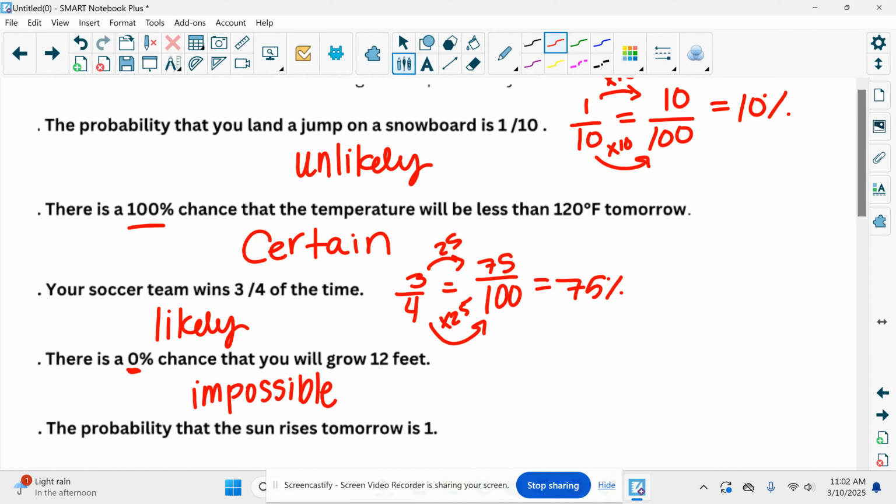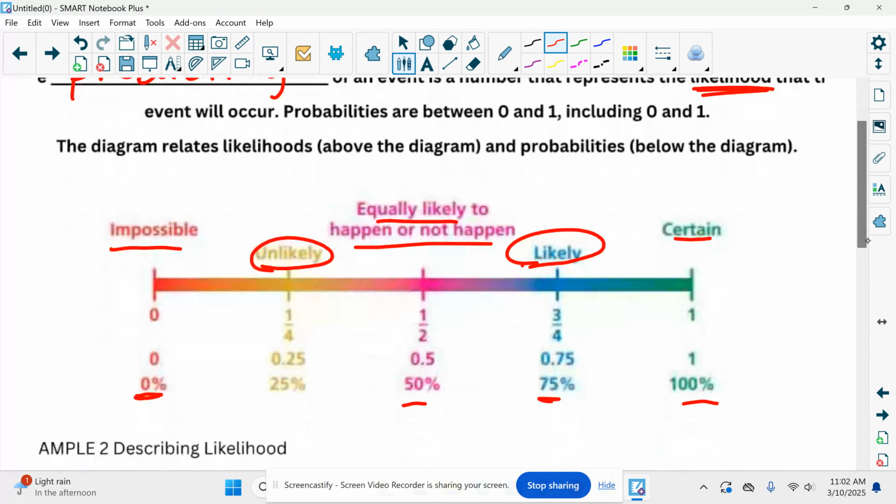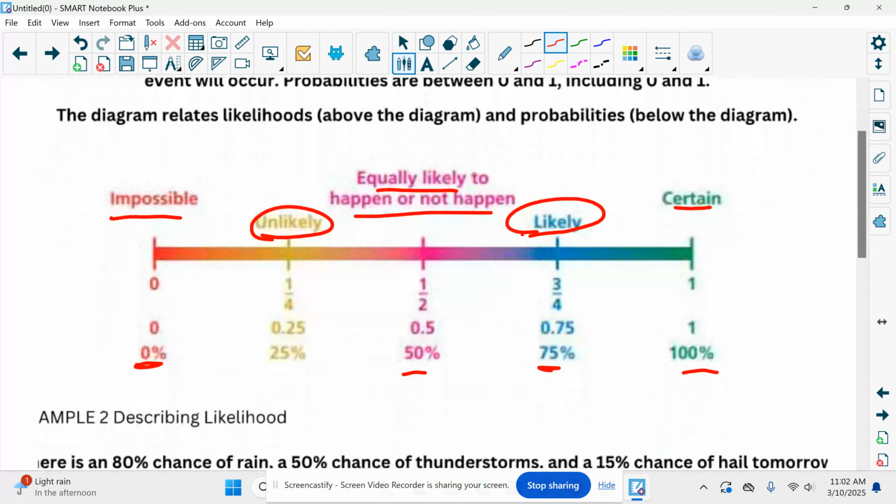The probability that the sun rises tomorrow is 1. Everybody take a look at your paper, because it goes from 0 to 1, and 1 is certain.